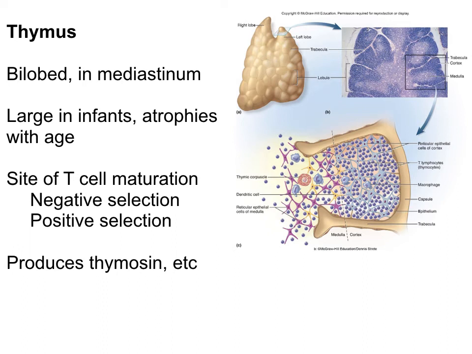Now, as I mentioned before, your thymus is where your T cells are going to mature, where they're going to become immunocompetent. And this is a multi-step process. The process begins with your reticular epithelial cells secreting hormones that are going to stimulate your T cells to develop surface antigen receptors.